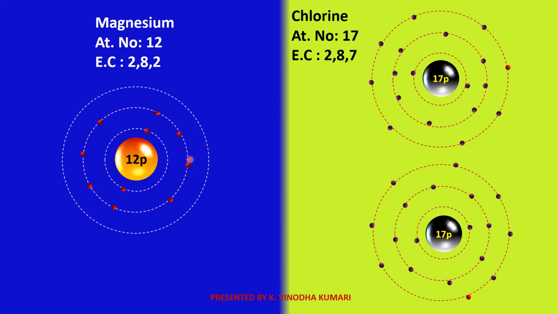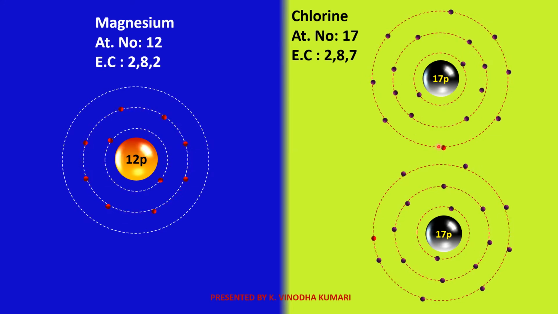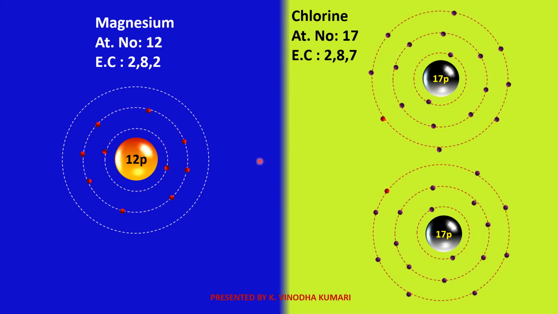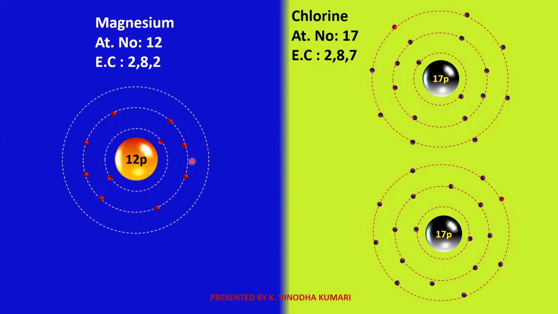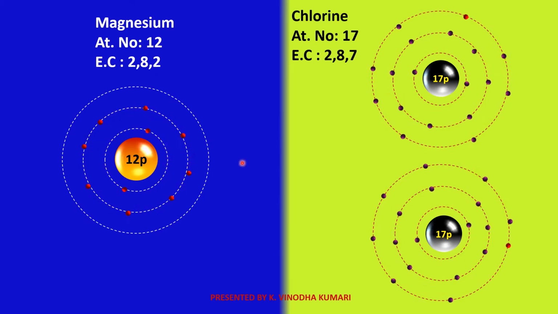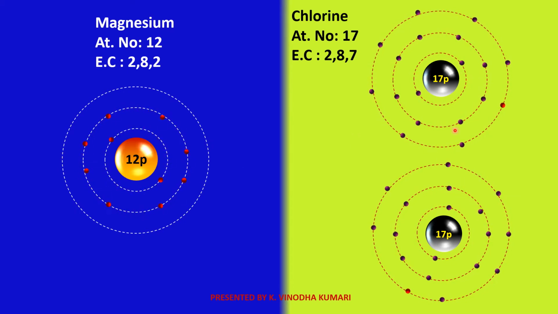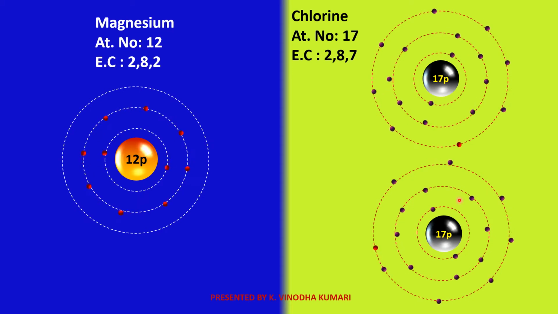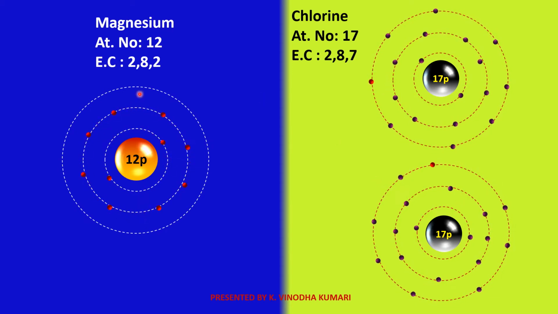This is how the transfer of electrons takes place. We have represented the electron transfer like this. Magnesium becomes Mg plus 2 and chlorine becomes Cl minus. We'll write the dot structure for this.